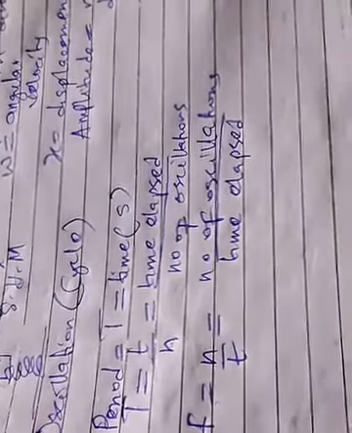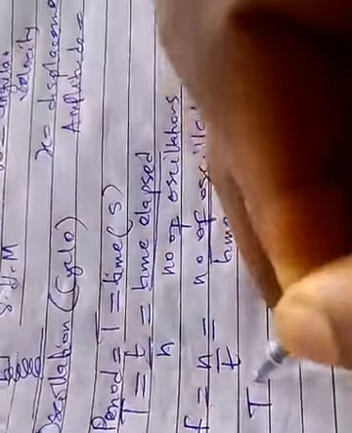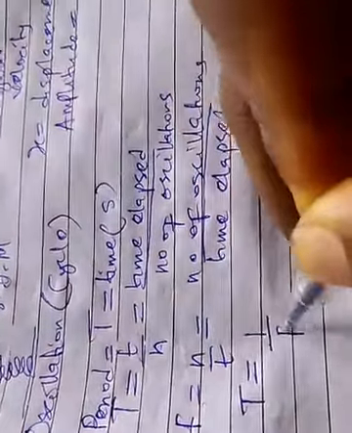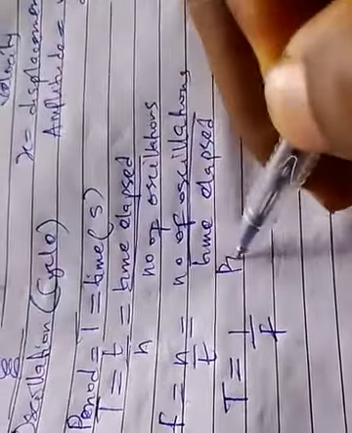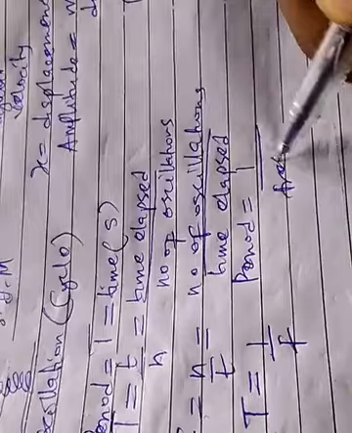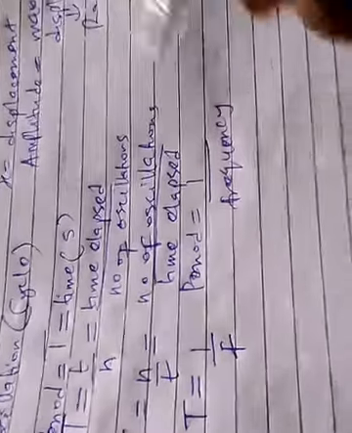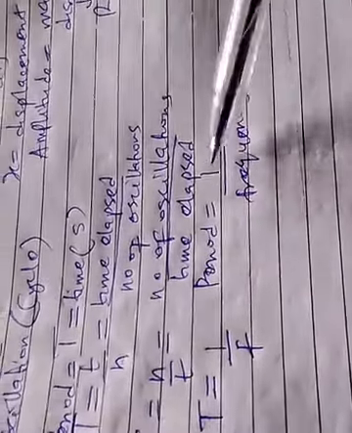So if T is t over n, f is equal to n over t. It implies that period is equal to 1 over frequency. So we have been able to establish that period is equal to 1 over frequency.